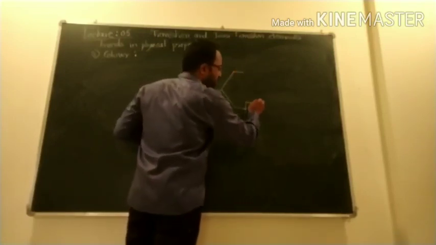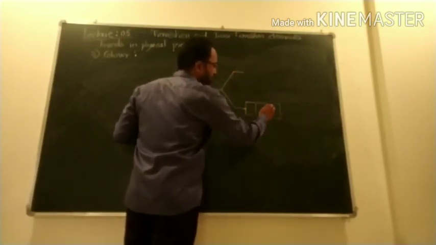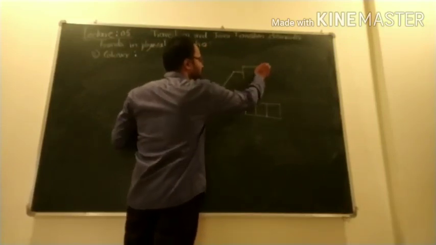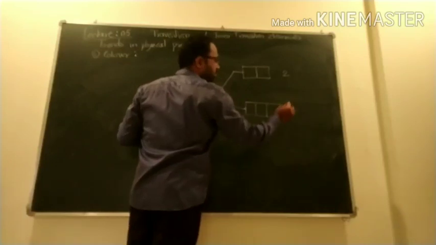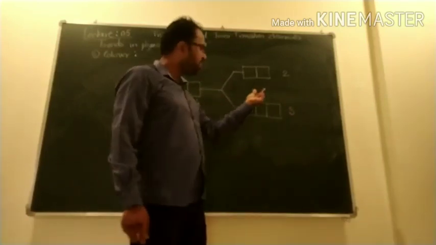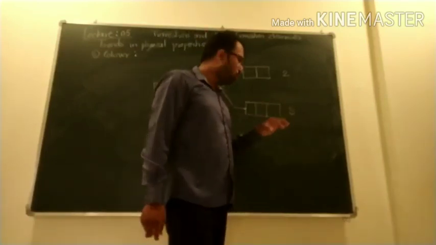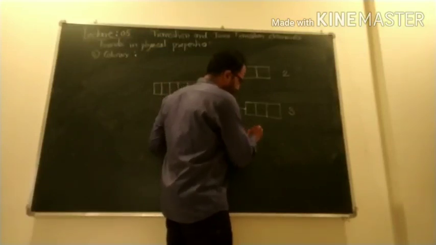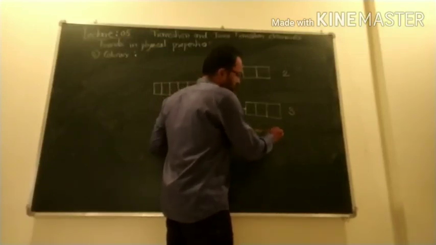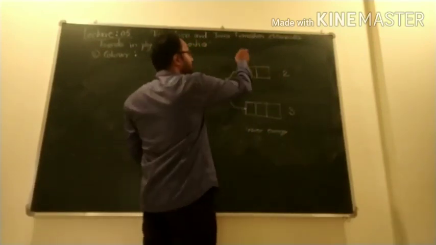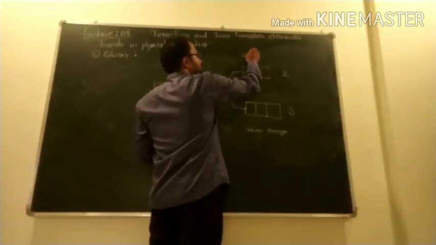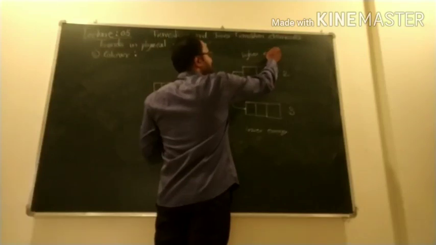One set has 3 orbitals and one set has 2 orbitals. The 3-orbital set is at lower energy, while the 2-orbital set is at higher energy.